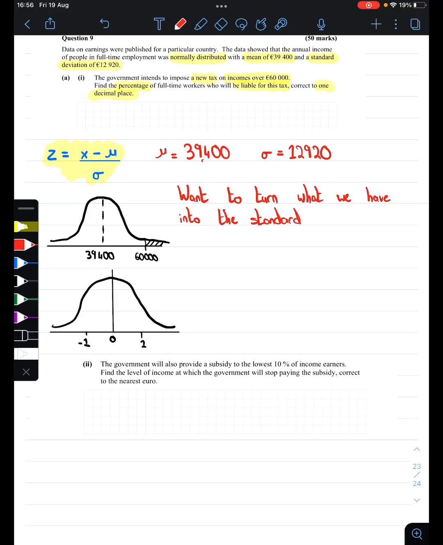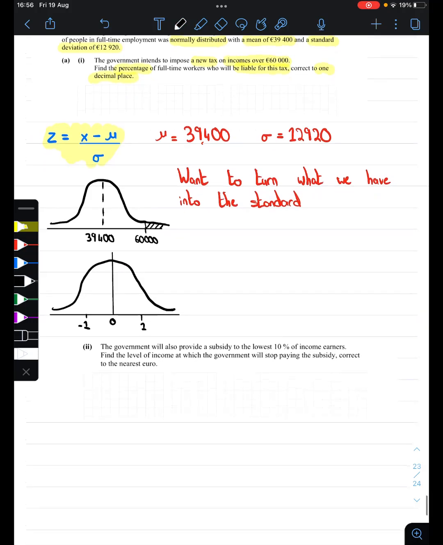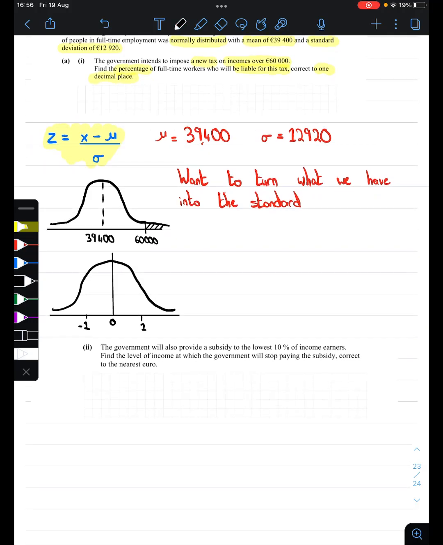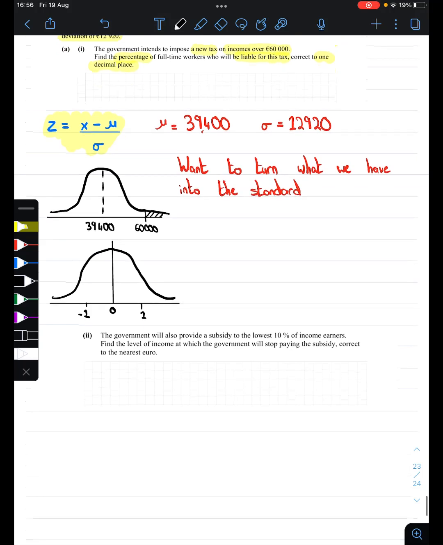Okay, and so we want to see, well, what is 60,000 on this normal distribution? What is that equivalent to here? So it's probably something around here.